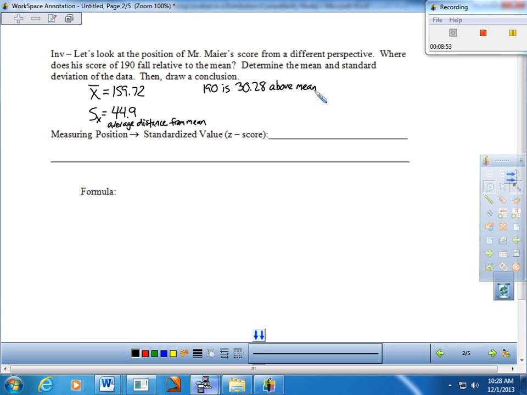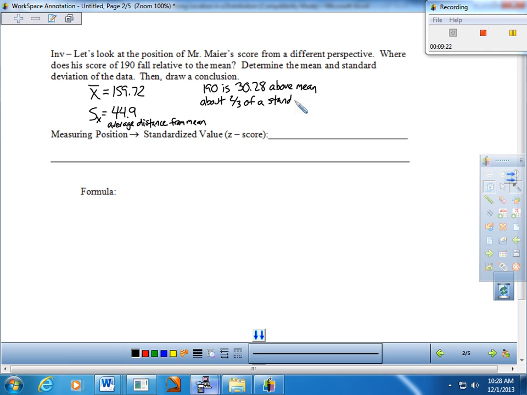In terms of compared to the standard deviation, is it a full standard deviation above the mean? No, because this is only 30 units above the mean, where the average distance is 44.9 units. So is everyone okay with me saying it's maybe about 2/3 of a standard deviation above the mean?